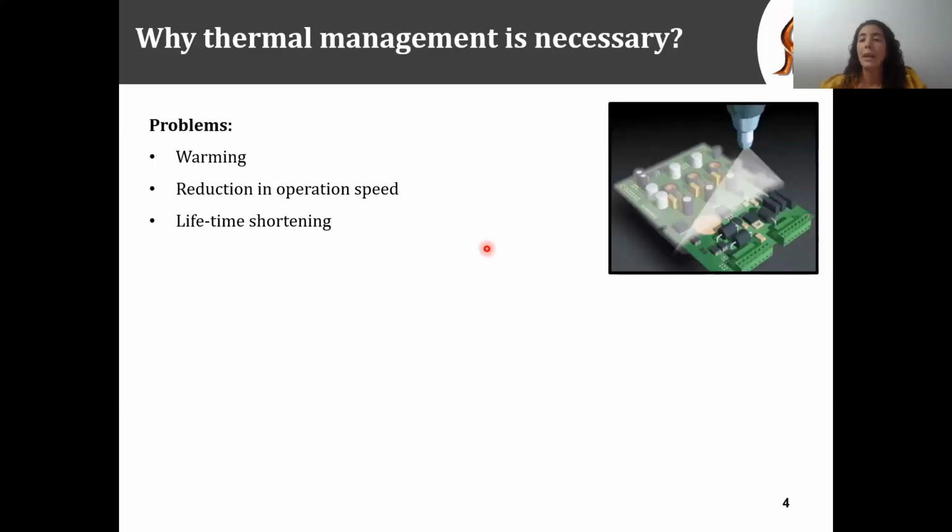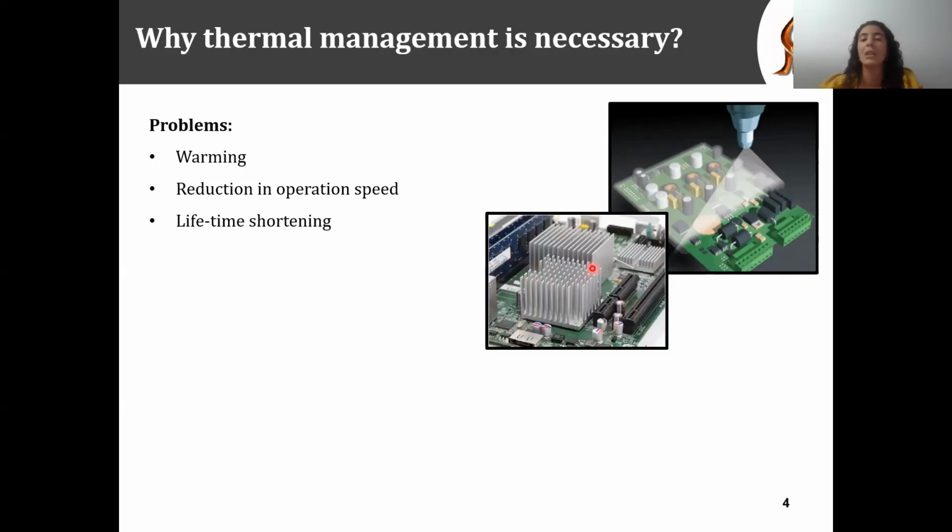If we return to the electronic industry, for example, miniaturization and integration dictate the need for thermal management, again, for heat dissipation to prevent warming. A possible solution is a thermally conductive polymer-based coating as an alternative to the traditional metal fins.